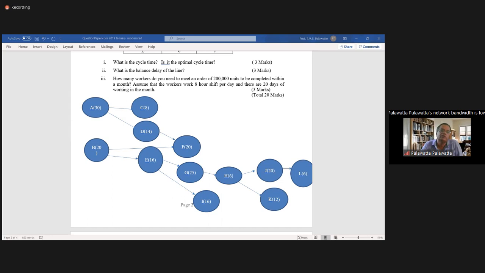The total time in a day is 8 times 60 times 60, that's 28,800 seconds. In this balance, the cycle time is 30 seconds, so divide that by 30. One day's output is 960.